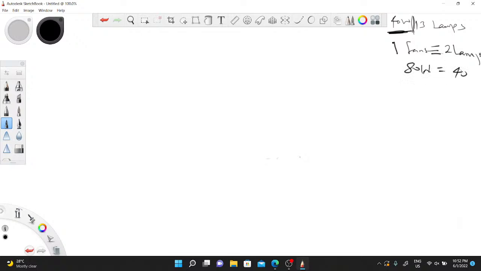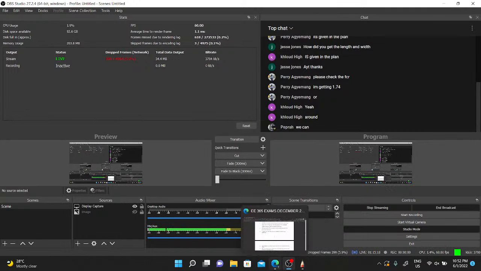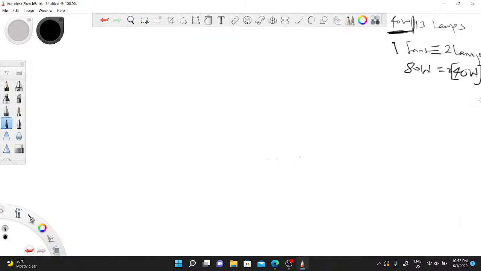And our lamps are rated 40 watts. So a fan corresponds to two lamps. Okay, yes, which means that I can run my fans and lamps together because of the way their ratings are a multiple of each other.